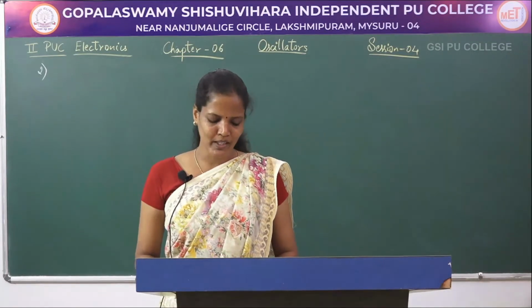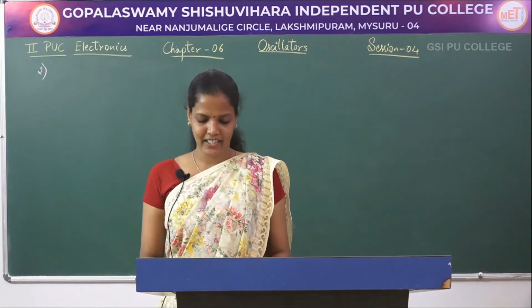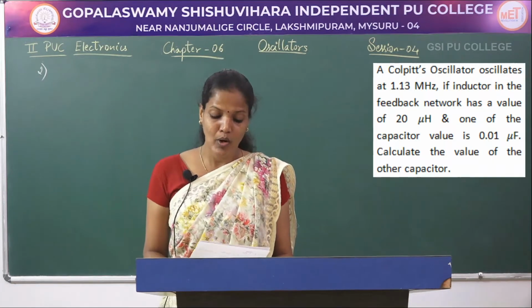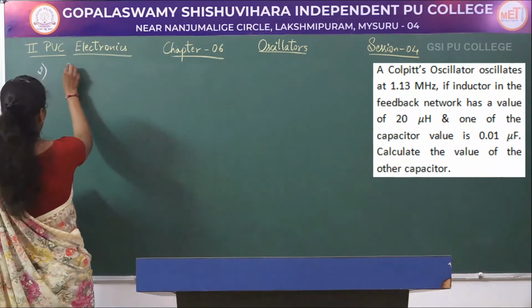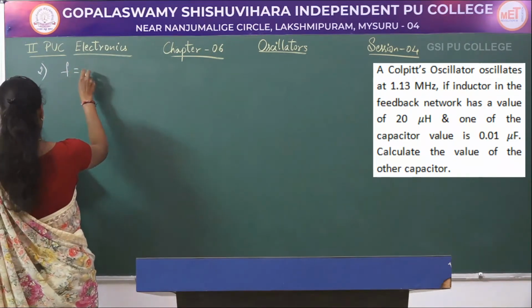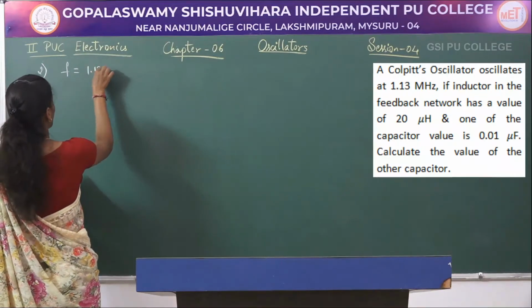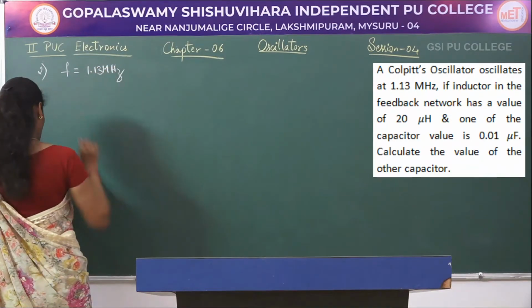So the second problem is, a Colpitts oscillator oscillates at 1.13 megahertz. Hertz is the unit of frequency, so F is equal to 1.13 megahertz.